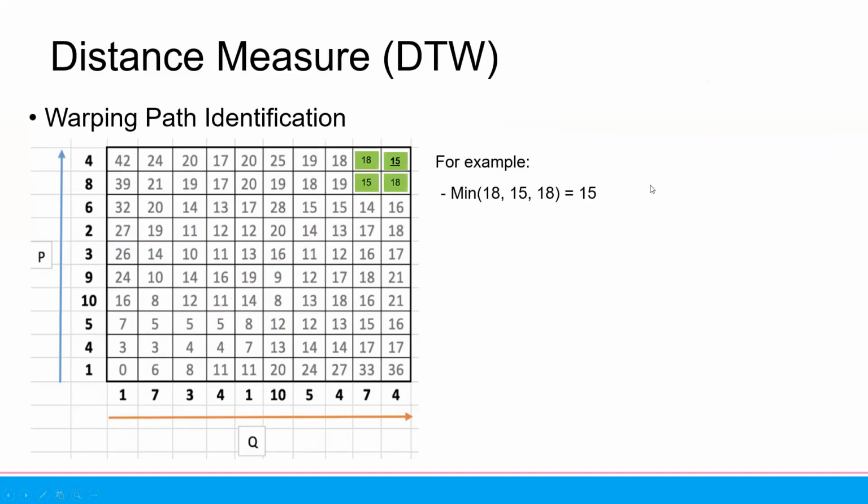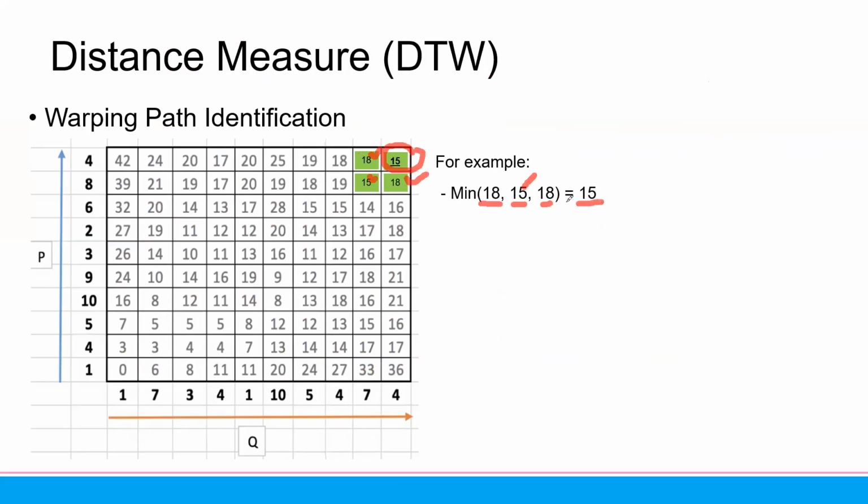So, for example, from the top right, the value is 15. Then I need to check which value is the minimum in the surrounding. The surrounding means this portion, this, and this. We have 18, 15, and 18. The minimum value is 15.